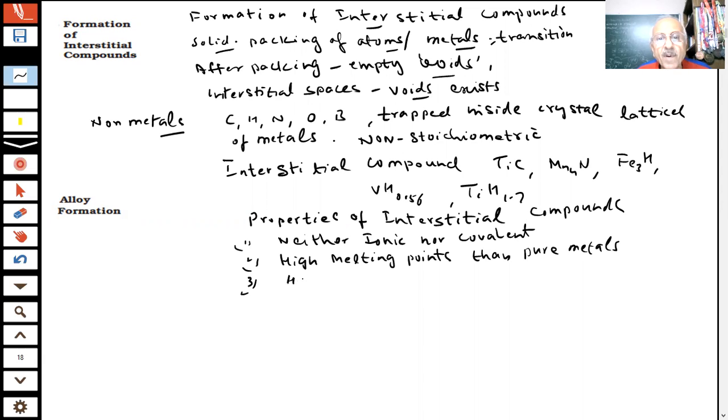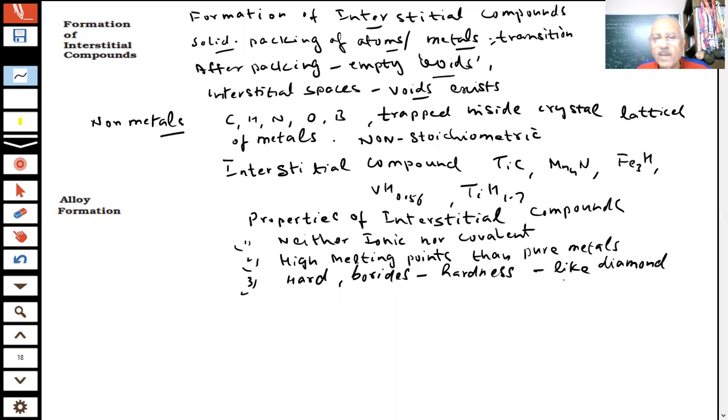They are very hard. Hardness is also because you have seen how closely they are packed now, because the non-metals have entered into the empty spaces and occupied them. And hardness sometimes approaches that of a diamond. For example, some borides are so hard, hardness like diamond, students.